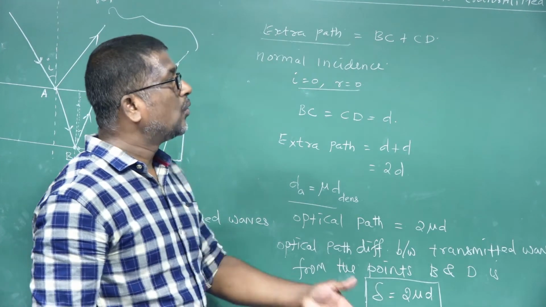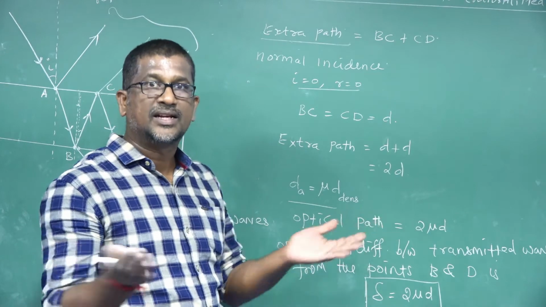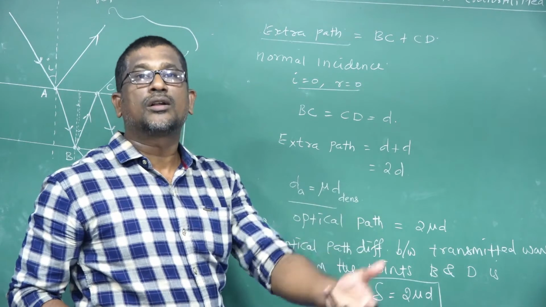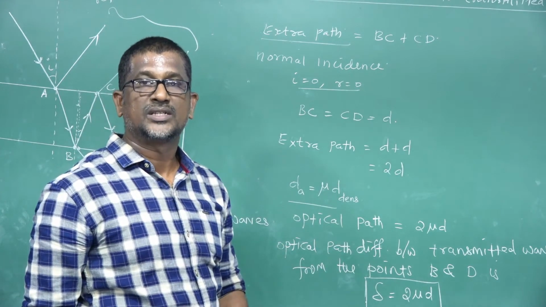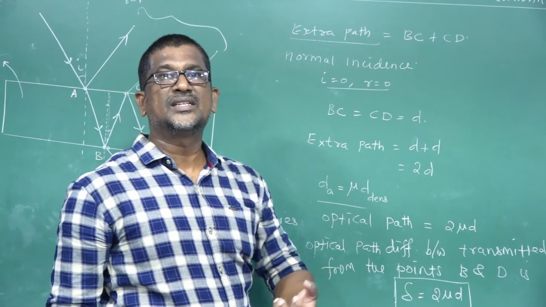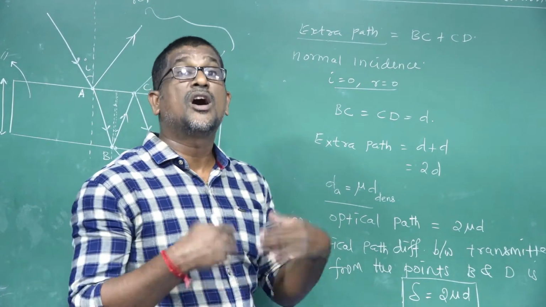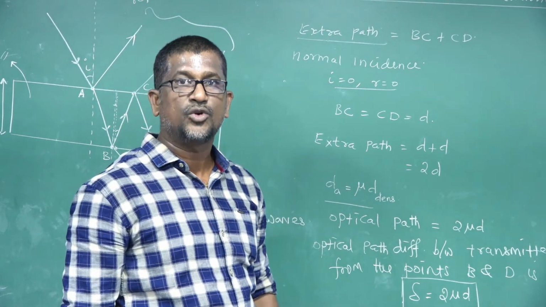Right? Now we go for the condition for brightness and darkness. Whenever the transmitted waves interfere with each other, alternate bright and dark fringes are formed. If bright fringes are formed, then the interference is called constructive interference. If dark fringes are formed, then the interference is called destructive interference.